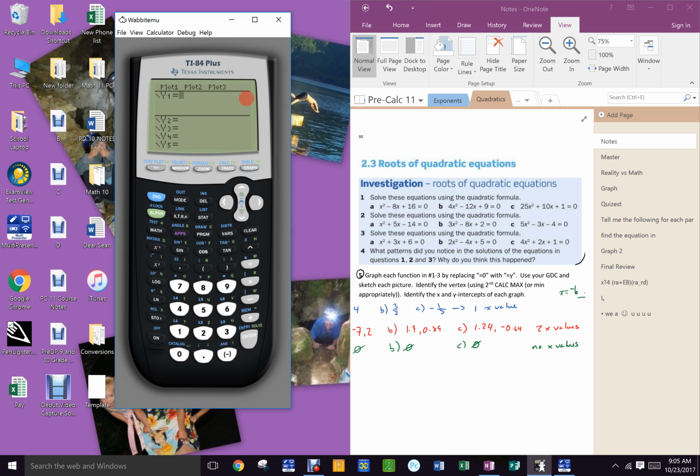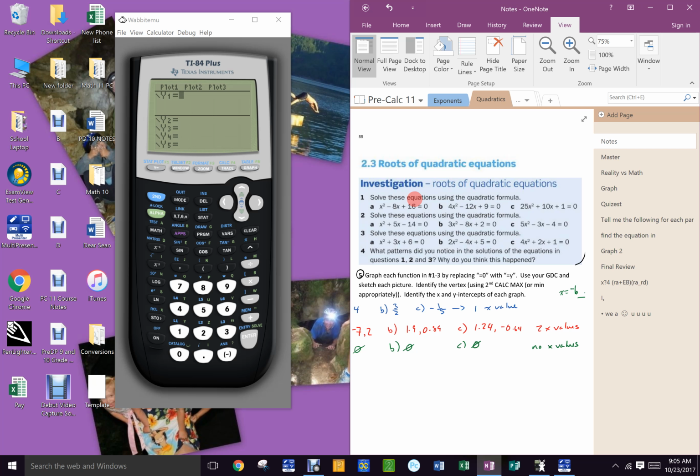Now, this first equation right here: x squared minus 8x plus 16, yes? Previously, you have not been able to enter a variable into your calculators, have you? Now you can. So everybody look.